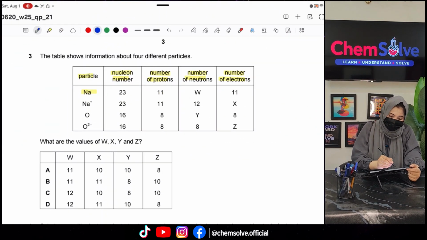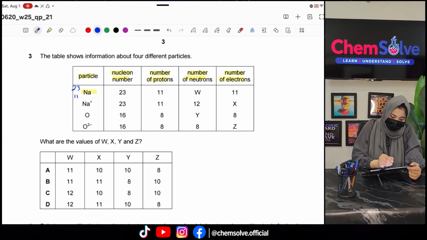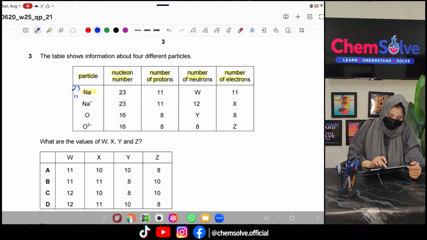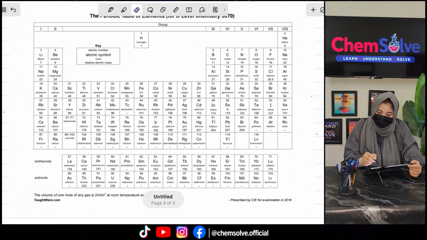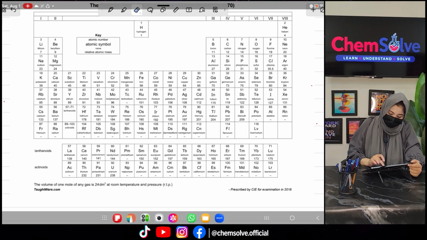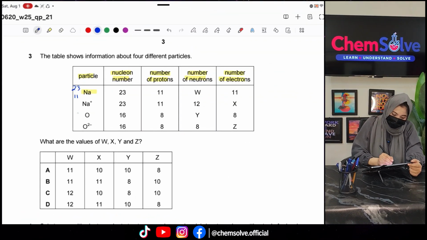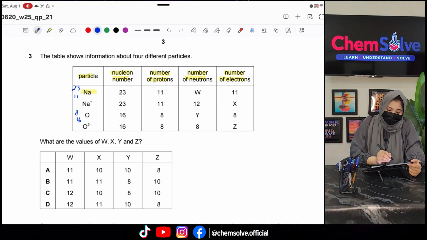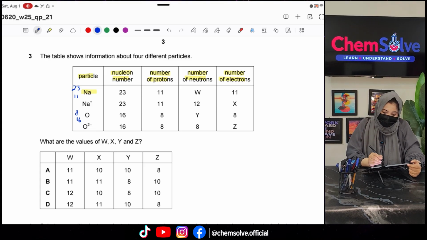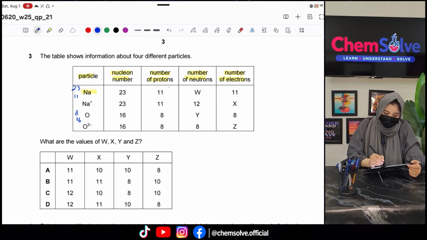So for Na it is 23 and 11, and for oxygen you can see it is 8 and 16. So Na has clearly 11 protons.